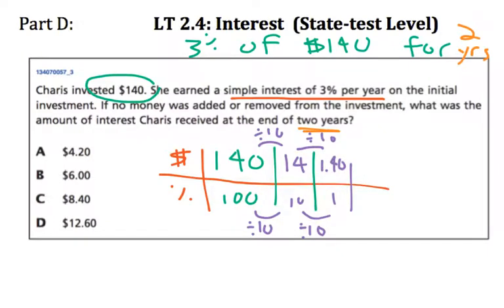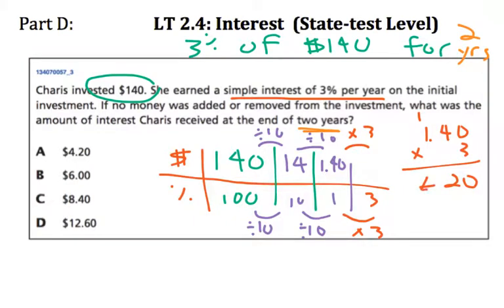And then from there, let's scale it up to 3%, because that's how much she gets for interest for each year. So $1.40 times 3. Let's see, 3 times 1 plus the 1 is going to be $4.20.